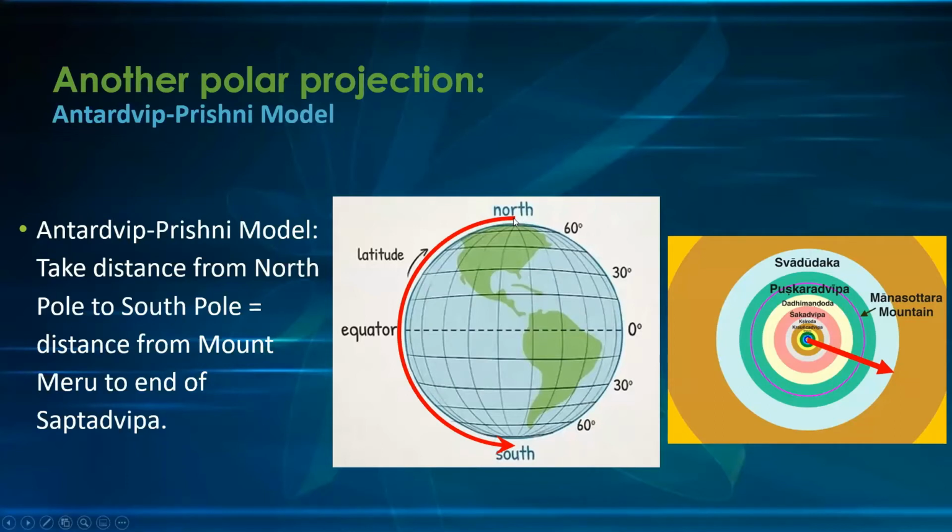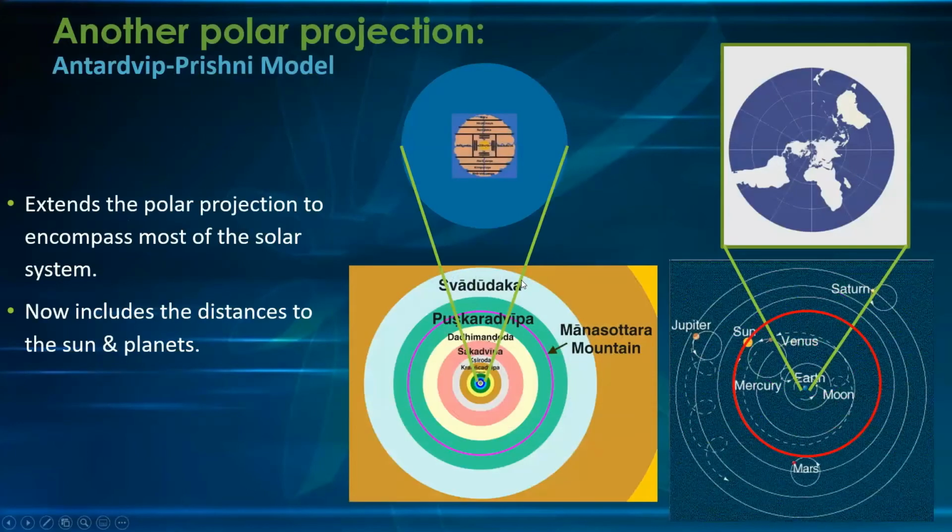If you take the distance from the North Pole to the South Pole to be the distance between the center of Saptadvipa all the way up to the edge of Saptadvipa, which means from Mount Meru all the way up to the ocean of sweet water, then you will have another type of projection, which would basically mean that this Saptadvipa would be almost as big as the solar system, right?